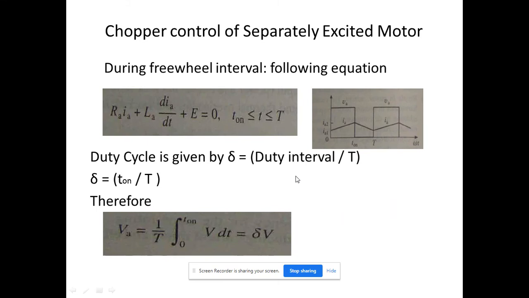So here you can see the average output voltage can be varied by varying the duty cycle. So what is duty cycle?